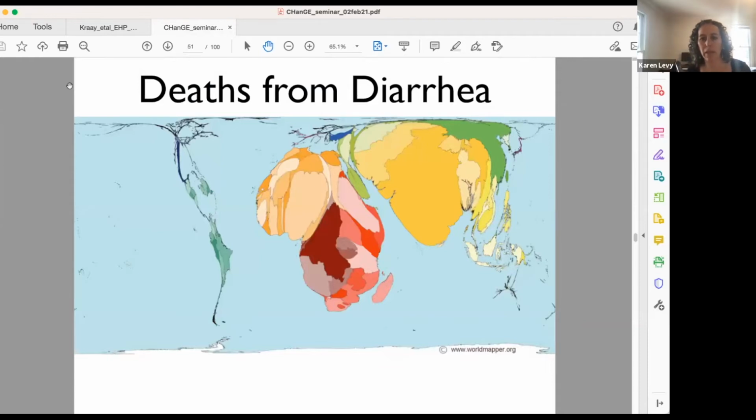And the deaths from diarrhea are not distributed equally across the globe. You see in South Asia and Africa, the rates are much higher. This is a world mapper that sizes countries based on the rates of different variables. It's fun to go on there and play with it if you've never seen them.